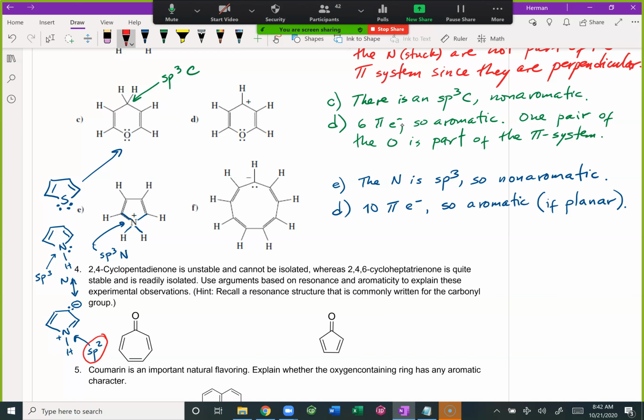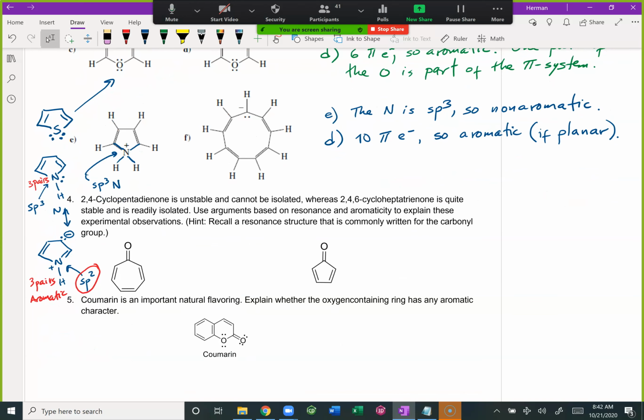Yeah, that's how this goes. Now, this molecule, it still has 3 pairs. So it's aromatic. Here you have 3 pairs also of pi electrons. All right, so this fits.